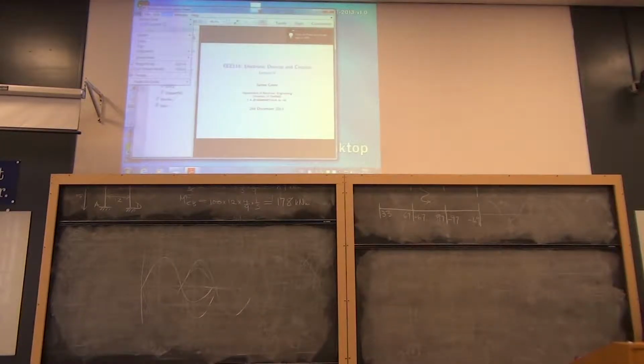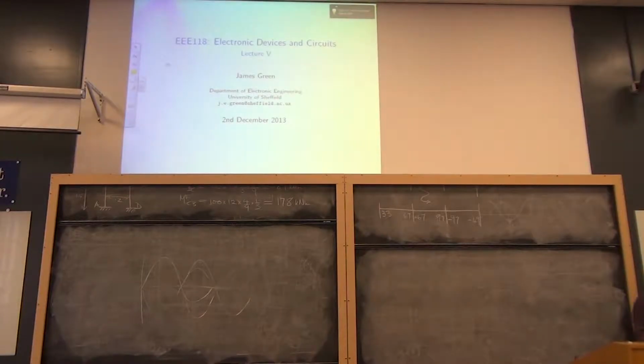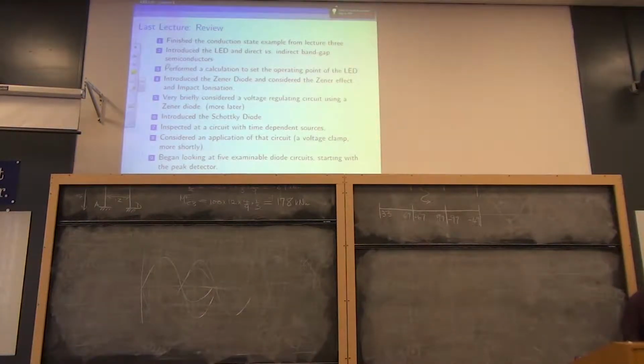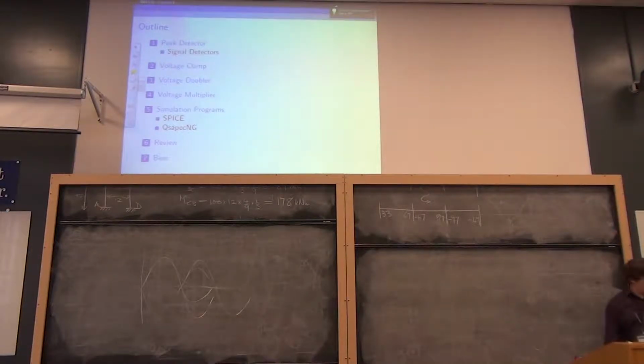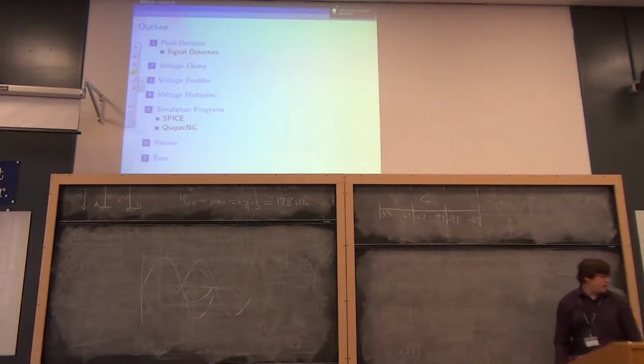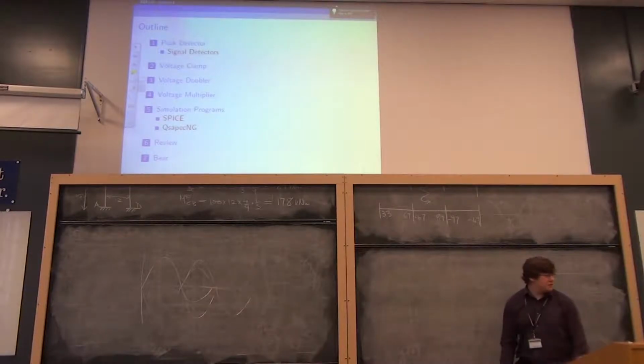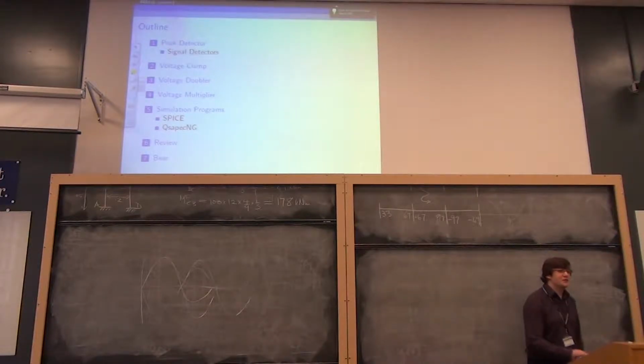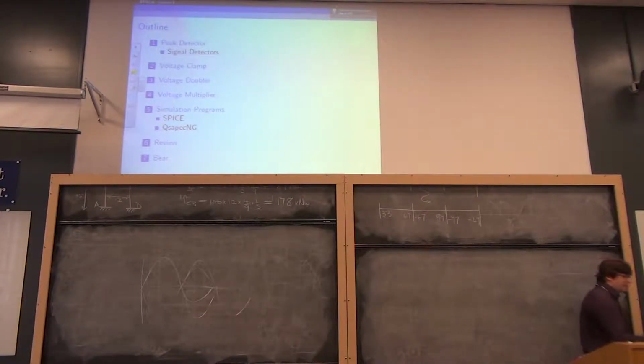So this is today's official lecture. This just says what I did. So we just did it. So in lecture 5, more on peak detectors. So nice continuity there. And then I want to go on to the second of the 5 circuits, which is the voltage clamp.